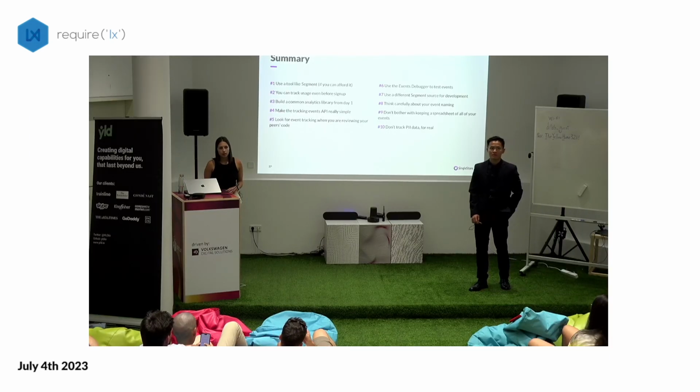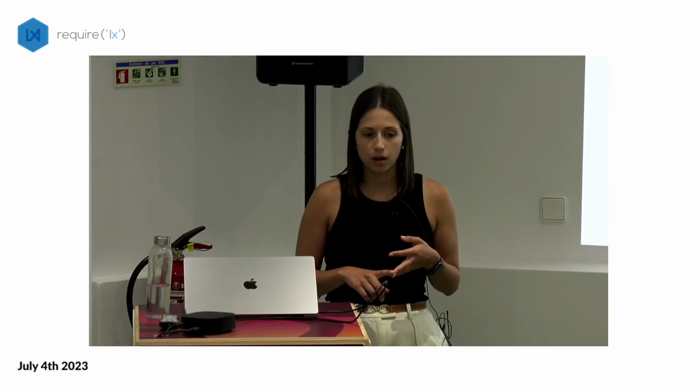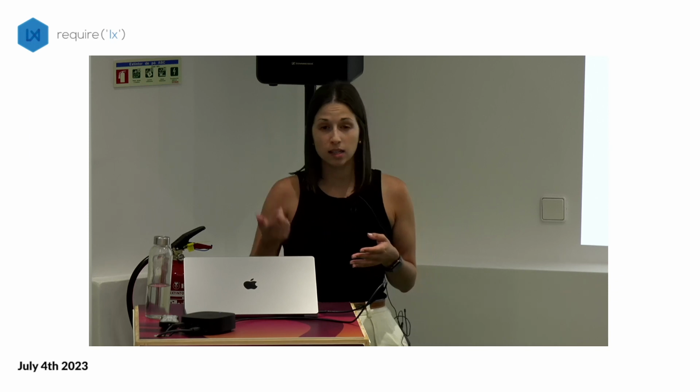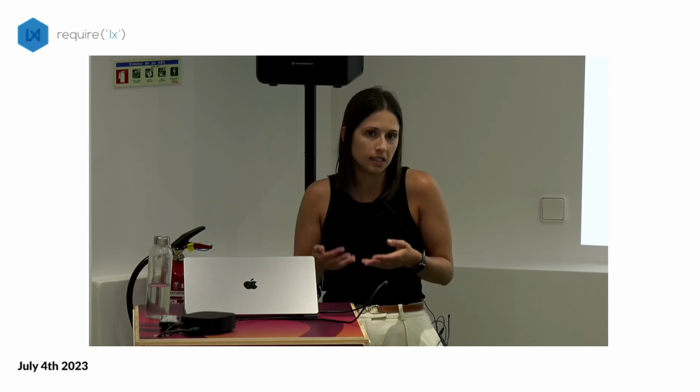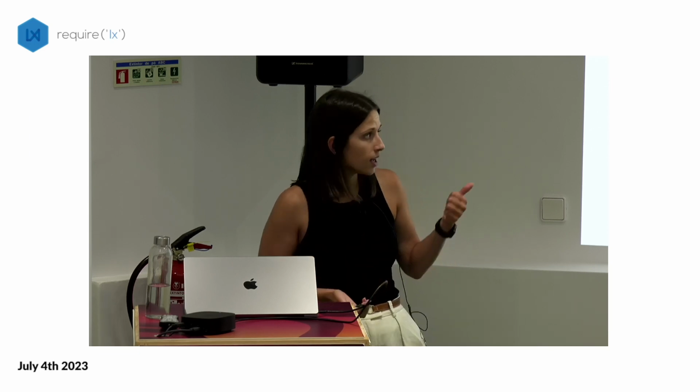Usually if we have the same event triggered in different places, we have properties like element ID or some kind of ID that we can track. So we still use the same name, but then we change the ID or any other thing in the properties.